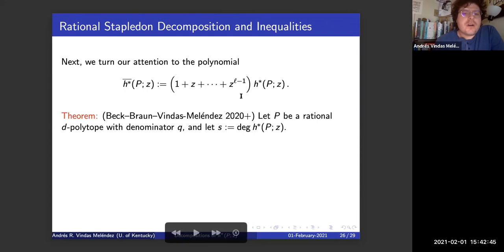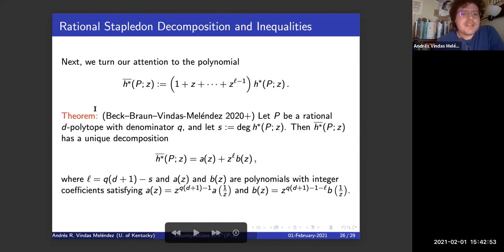And so for a rational polytope with denominator q, I'm going to let S be the degree of the h star polynomial, this polynomial has a unique decomposition into what we call a symmetric decomposition, or an AB decomposition, okay?